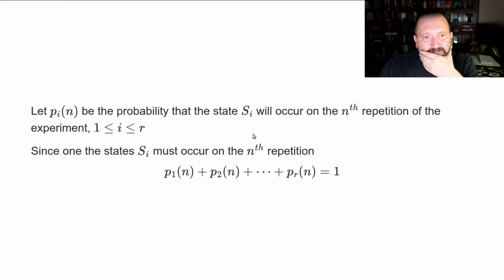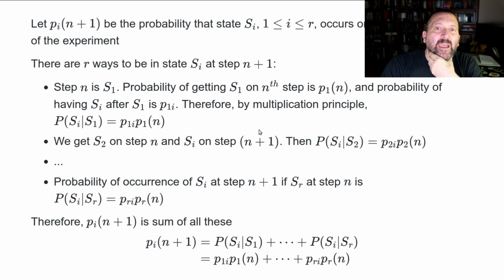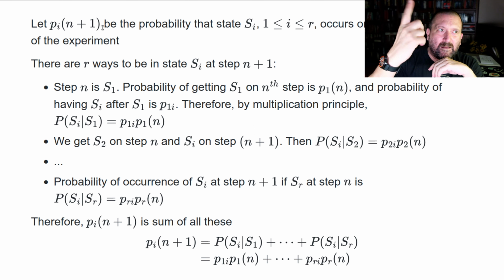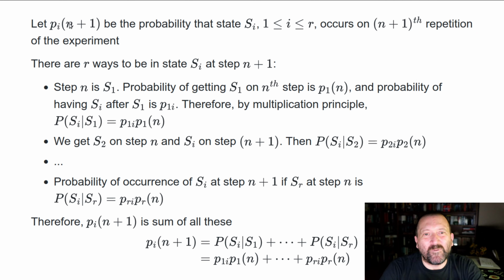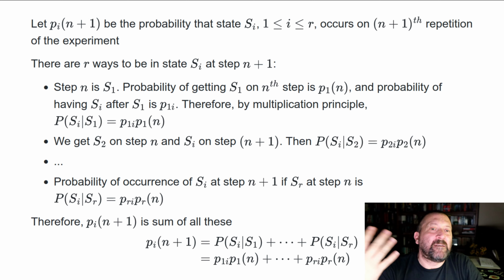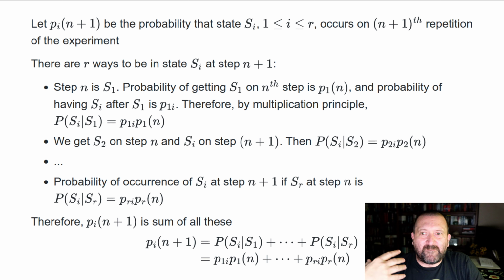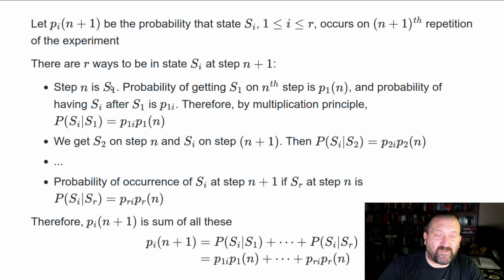Okay, and so if I look at the probability that, sorry, I need to move myself out. So if I'm looking at the probability that I'm in state S_i at time n plus 1, where n is the time essentially, then there are several ways for me to be there. So at the previous step, I could have been in state 1.